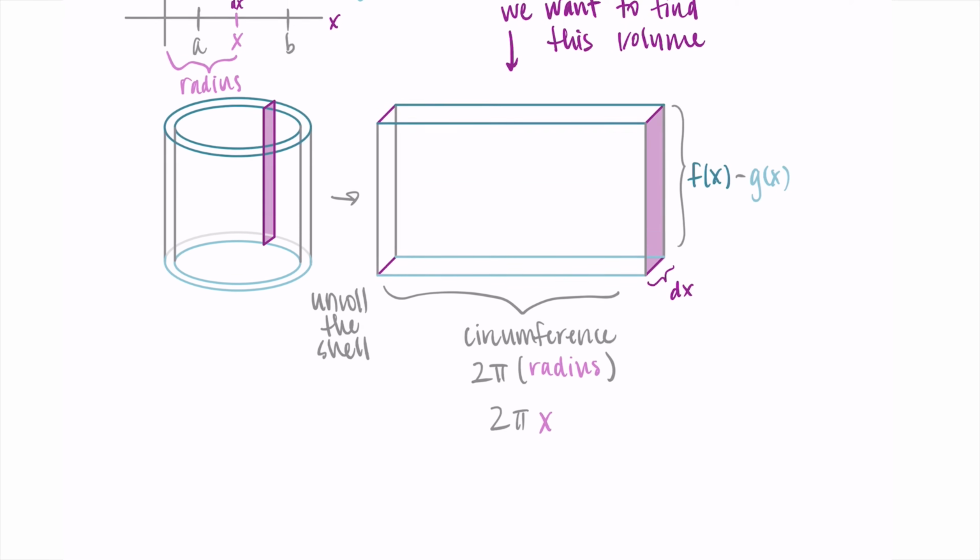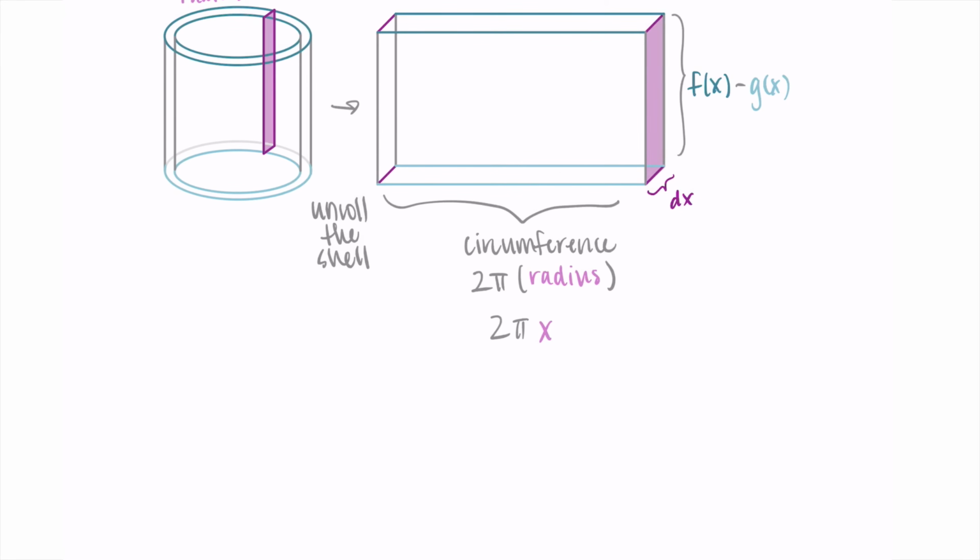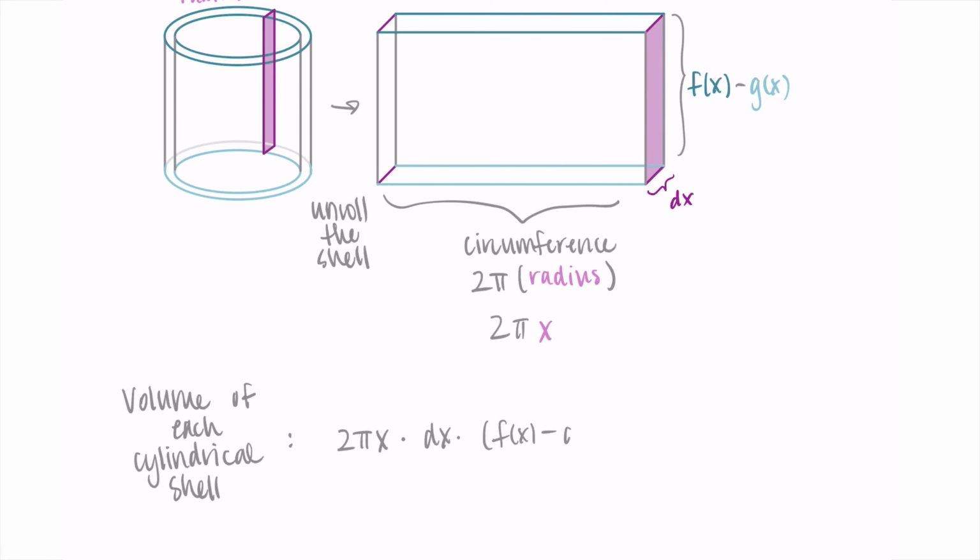Then we can find the volume of this rectangular prism, which is the volume of each cylindrical shell, and then we will add them up. So for the shell, we've taken the shell and unraveled it, and now we're just going to find the volume of this little piece. That is going to be the width, so the 2 pi x, times the depth, which is the dx, times the height, which is f of x minus g of x.